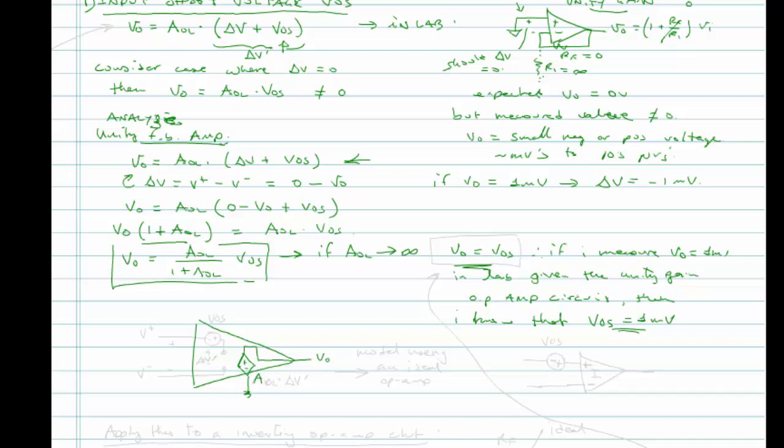I'm going to say this is AOL times delta V prime. Okay. Then, if we say this is plus and minus, so this is V plus, V minus, I'm going to add in a voltage source here, plus, minus, and I'm going to call it VOS.